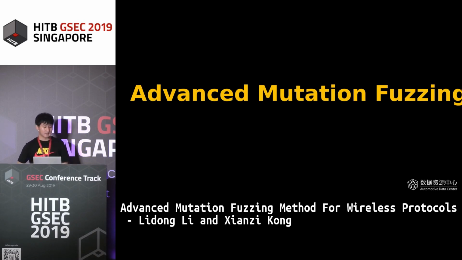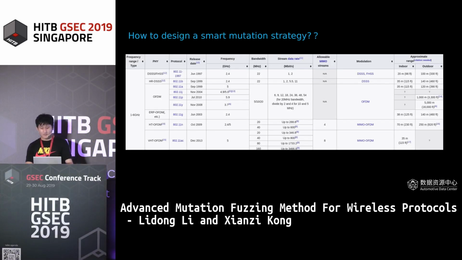Okay. Next, thirdly, advanced mutation fuzzing. The wireless protocol supports many standards, such as 802.11a, 802.11b, and so on.